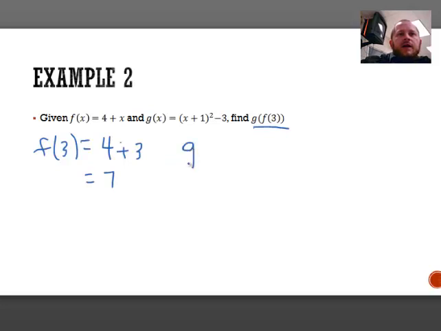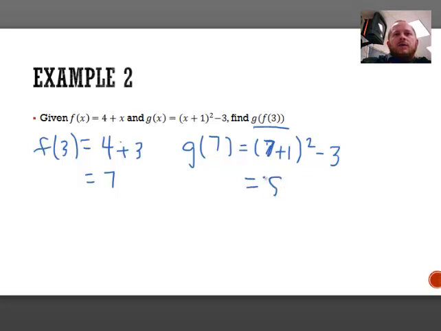Now let's plug that in over on this side. So x is now 7. 7 plus 1 is 8. 8 squared is what we're going to get here. 8 squared is 64, minus 3, which is equal to 61.